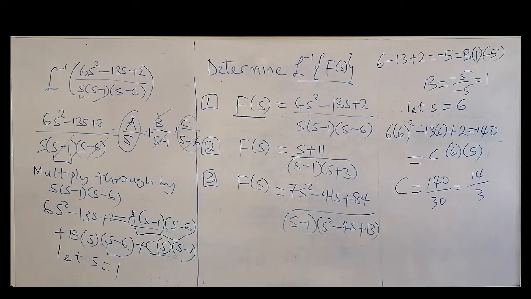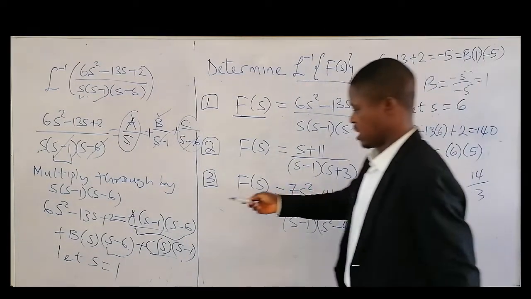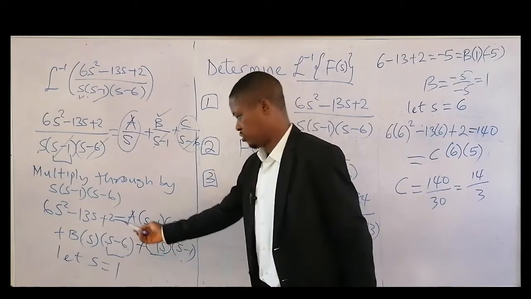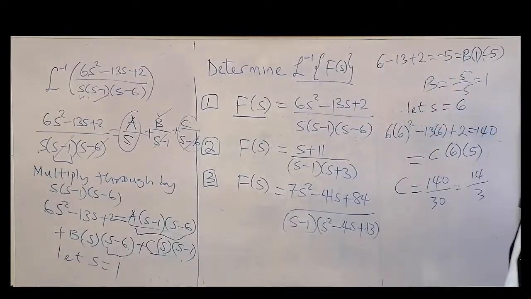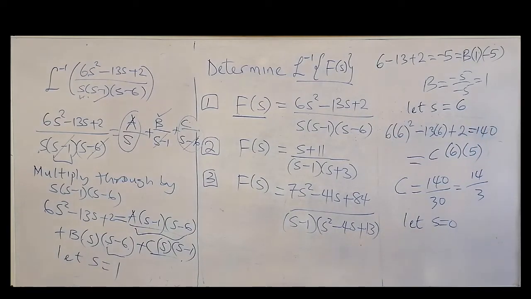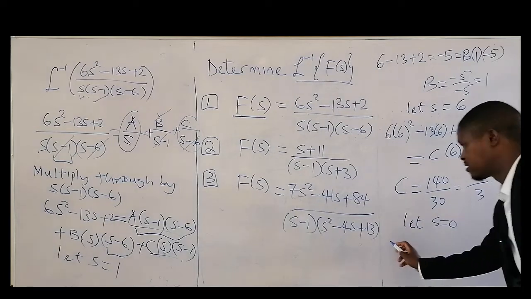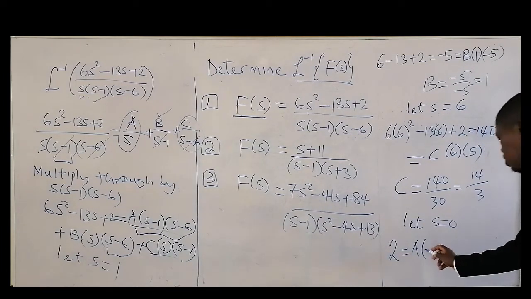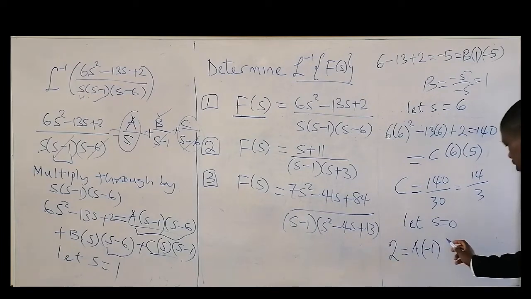Then the next thing we can do: we've already used x equal to 1 and 6. Then you can use any value of our choice. Let x be equal to 0. Then on the left hand side, we have 2. On the right hand side, we have a into bracket minus 1, then minus 6.